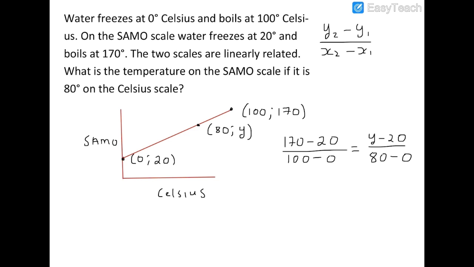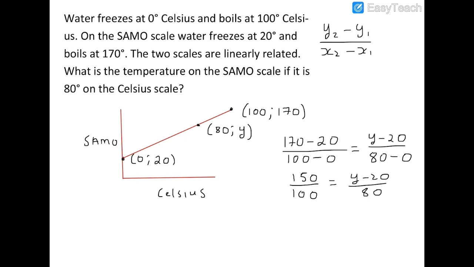Now solving for y, we get here 150, which is 170 minus 20, divided by 100 will be equals to y minus 20 divided by 80.